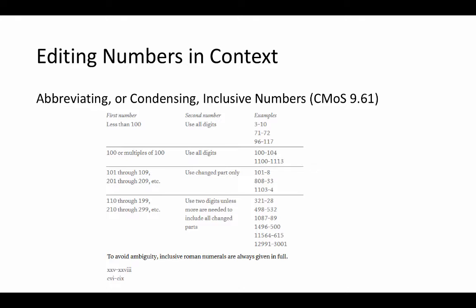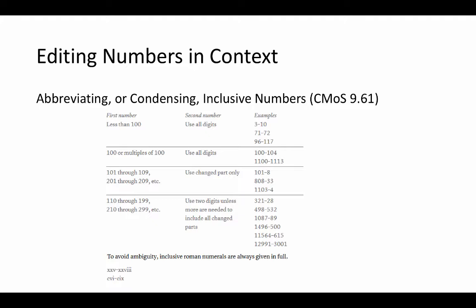So what does that mean? 101 to 108 is what's being communicated in that example, but I'm only talking about the changed part, which was the first unit, the first single digit. For 808 to 833, we don't need to include another 8 because the only changed part is the tens digit. Same thing with that 1000 example.